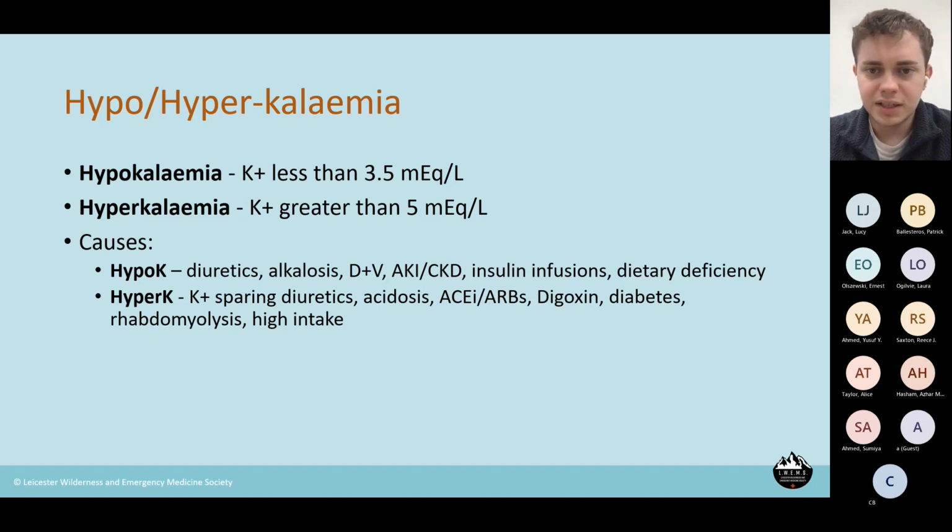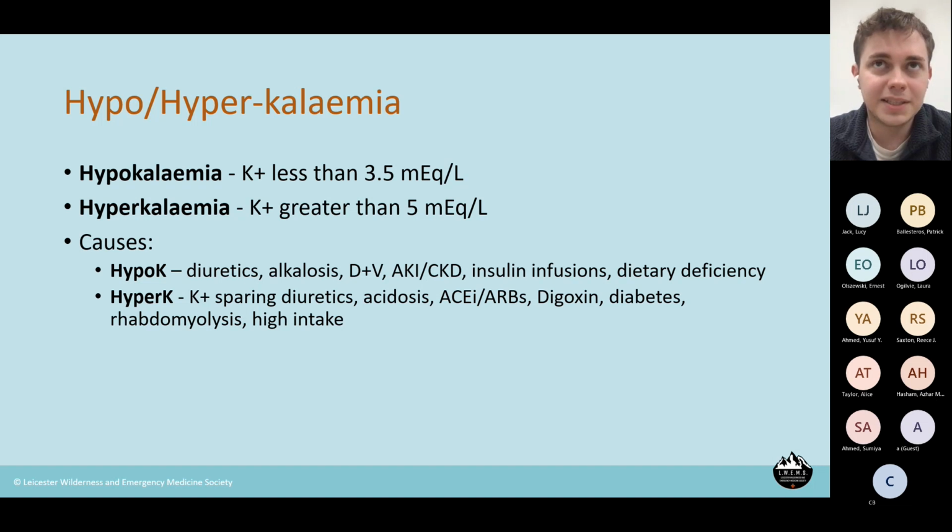And so I mentioned already that depending on whether it's hypo or hyperkalemia, it could cause reduced or increased excitability. Hyperkalemia raises the resting membrane potential closer to the action potential threshold, so you're going to get tissue excitability.